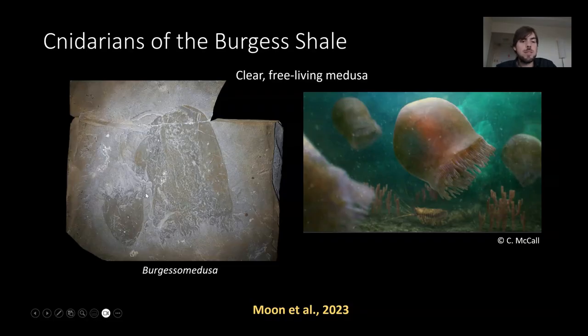So it is classified as probably the earliest jellyfish in the fossil record. We have other potential jellyfishes, but this is the most convincing one. You can even see the tentacles here. And there are also some organs inside the jellyfish, which we don't know what they are. Maybe they are gonads, so reproductive organs, but it's not clear.